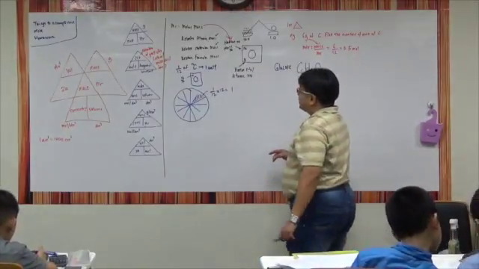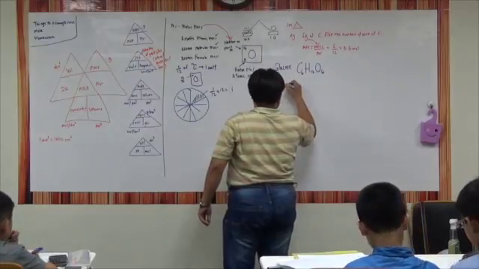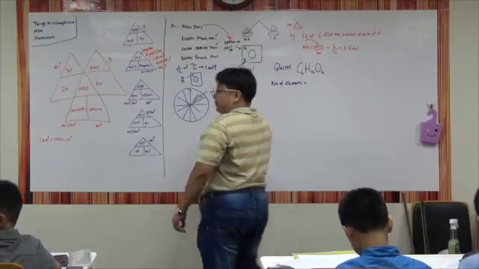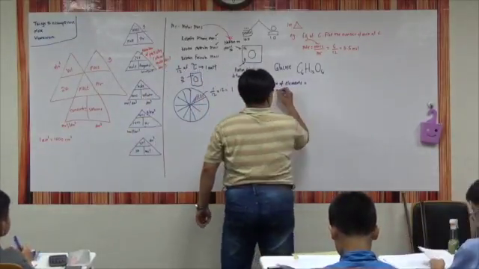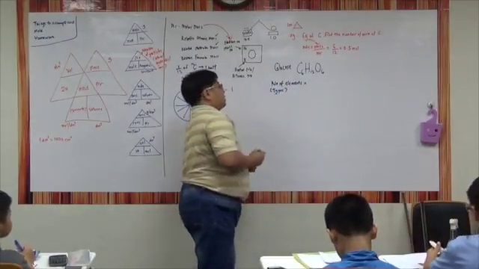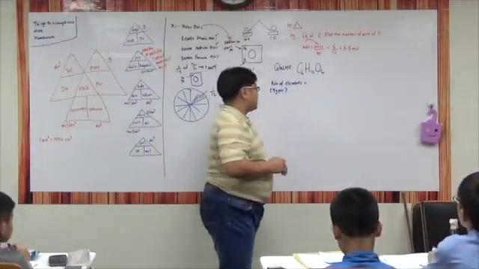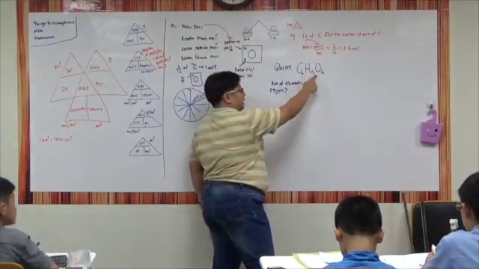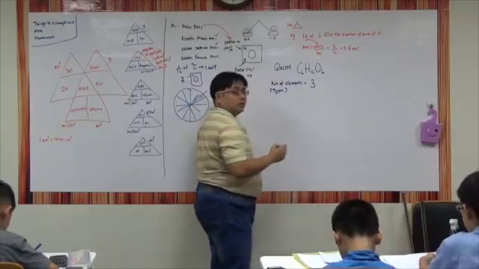When I ask what is the number of elements, typically in O levels, it means the types of elements. So how many types of elements are there? 3. Because one type is carbon, one type is hydrogen, another type is oxygen. So the number of elements is 3.